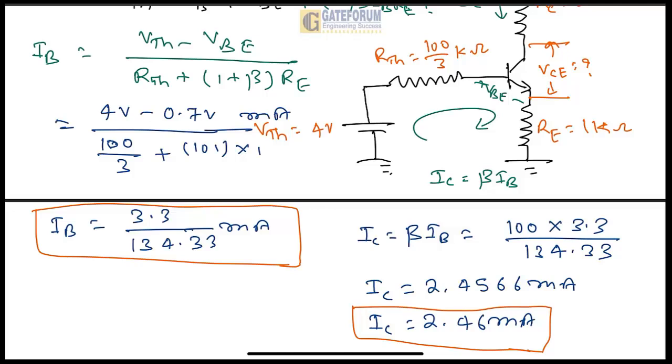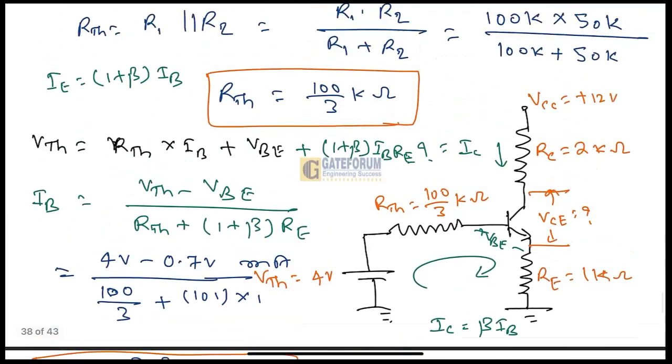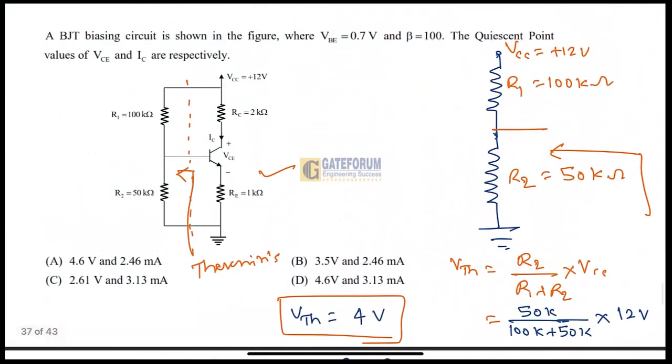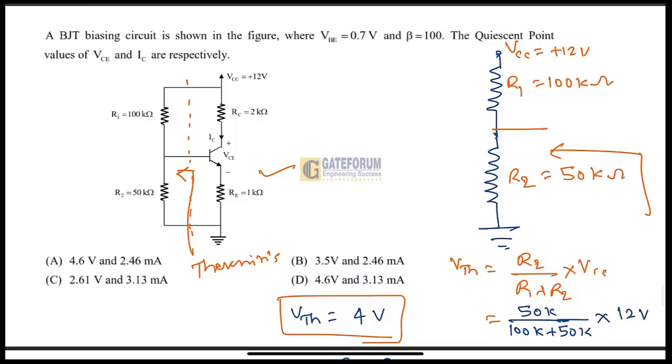Now if you see in the option part, this IC equal to 2.46 is given in two options. In option A and option B, both have 2.46. It means that either A or B is the right answer, and we can verify that by calculating VCE. So now our target is to calculate VCE, and for that purpose, how will we get that?